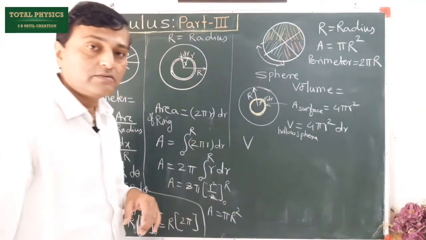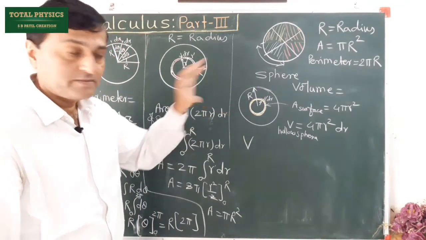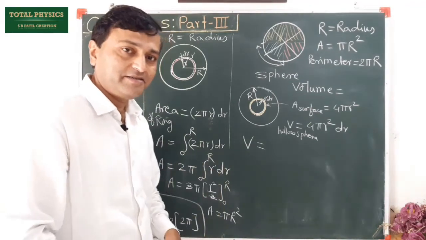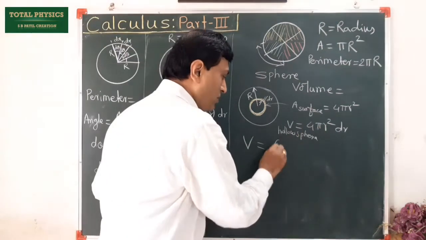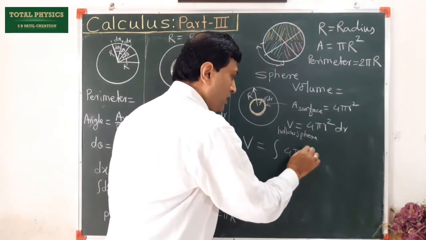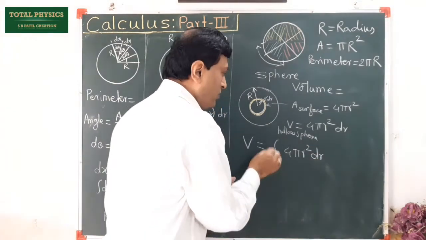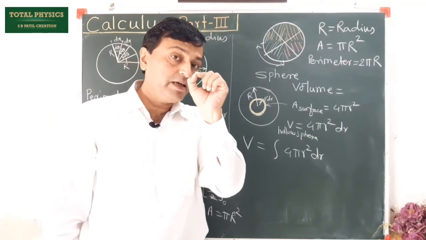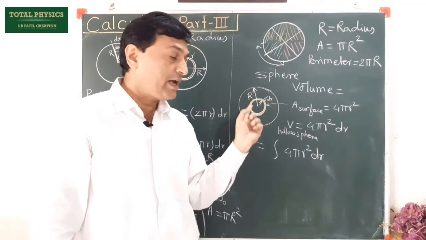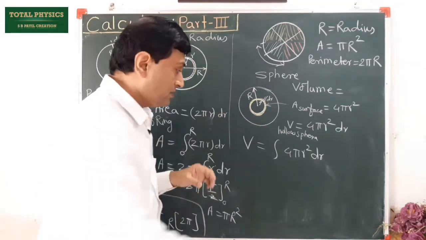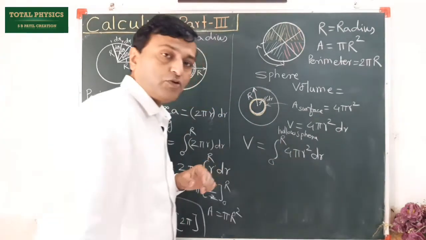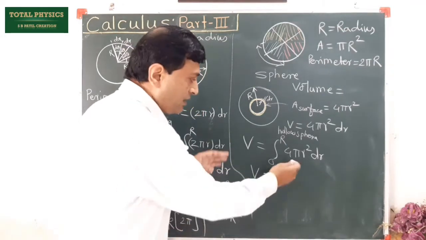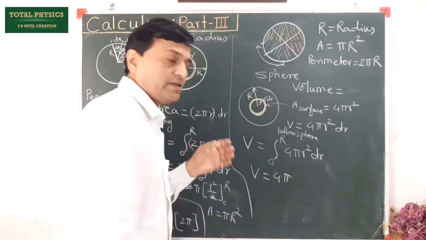I want the total volume of the sphere, so again you have to add: the integration of 4 pi r squared dr. What is the range? From 0, because the first one has 0 radius and the last one has radius capital R. This is the range 0 to R. Then V is equal to, take 4 pi outside because it is constant.